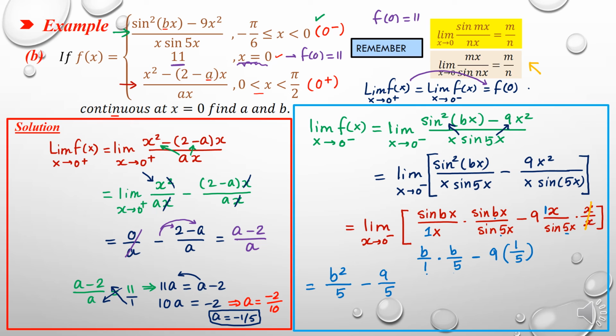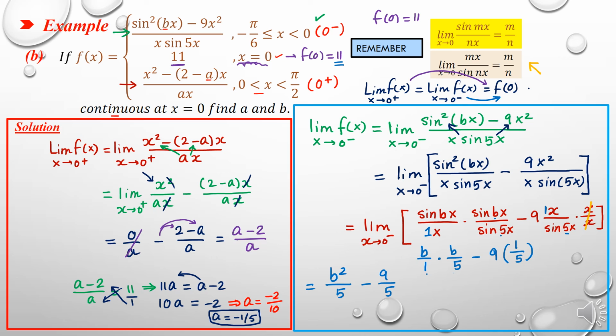So this is the expression of the limit of f(x) when x goes to 0 from left, and since our function is continuous at x equals 0, the limit from left at 0 equals f of 0, which is 11.